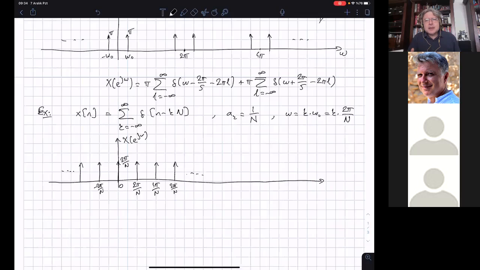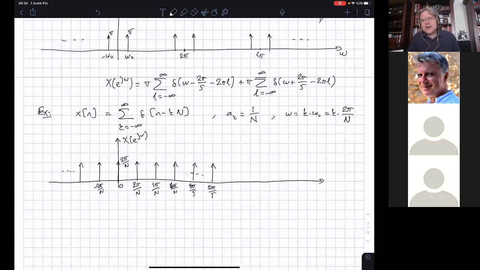If something is 2 pi over an integer periodic, it automatically becomes 2 pi periodic. For example, let's say that capital N is equal to 5. Then at 2 pi over 5 we have an impulse. At 4 pi over 5 we have another impulse. At, sorry, this is 6 pi over 5, we have an impulse. The next one is at 8 pi over 5. And here I have another impulse at 10 pi over 5.